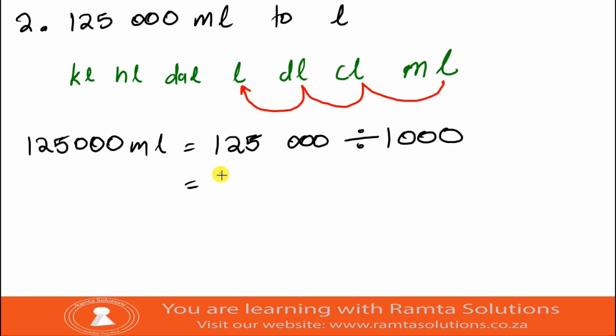What is our answer? It's 125 liters, not milli. 125 liters. You see, now we have converted. Let me confirm my calculations. Okay, it's 125. Now it's fine. You guys understand now, right? Great.